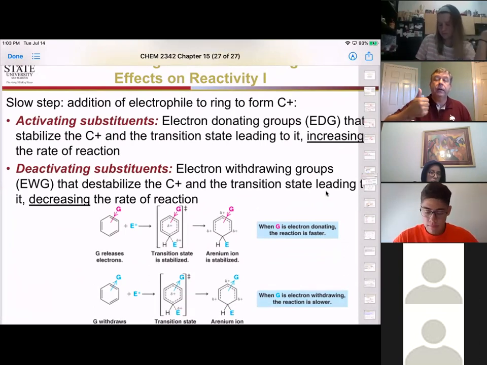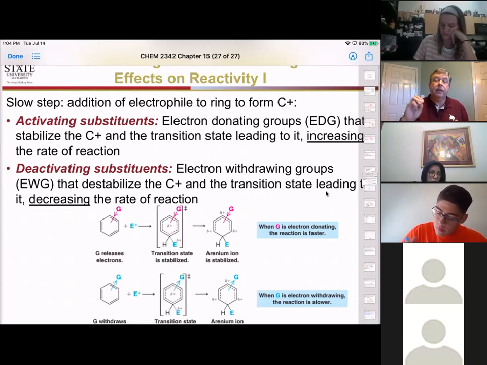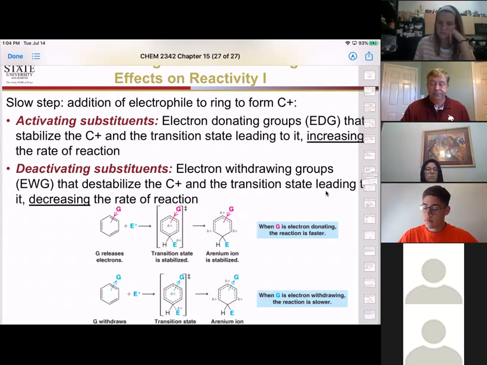So electron donating groups activate. Okay. Now, if we have an electron withdrawing group, that's pulling electron density away from the ring, meaning it's less likely to reach out and grab at the electrophile. Therefore, it's going to deactivate, and it will decrease the reaction rate.